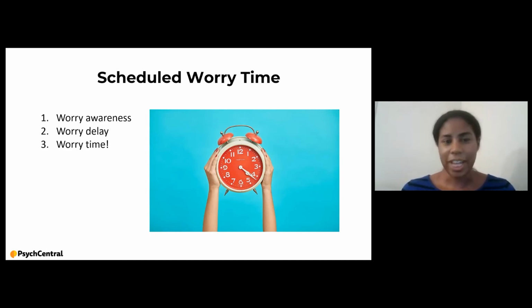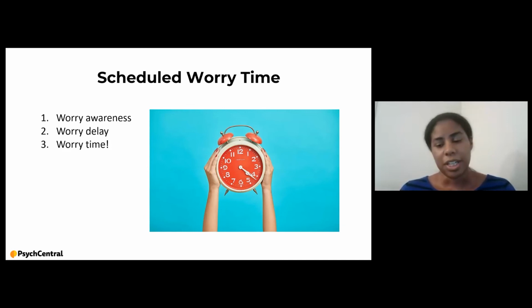So don't negatively judge it, but practice present-focused, non-judgmental awareness of your worry. Maybe jot down what the worry is, and just acknowledge that you're having it. And the idea is that you want to try to delay the worry until your worry time.